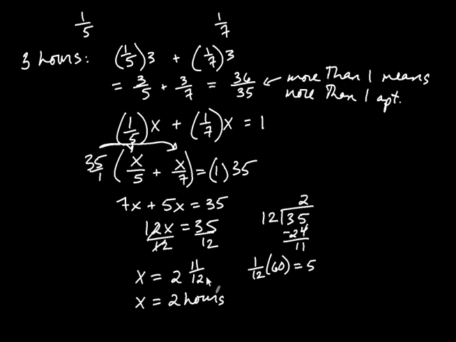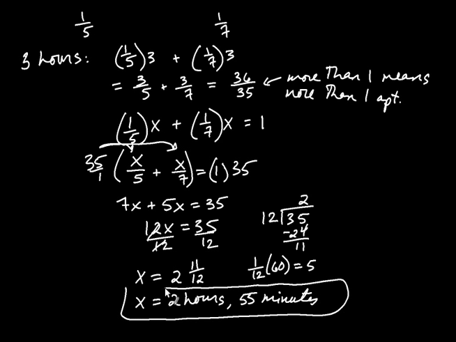Well, 11/12, and that would be 55 minutes. Because 11 times 5 gave me 55. Okay, so this is how long it took them to clean the apartment working together. So this is time working together. Okay, it was more than 2 hours, but less than 3.